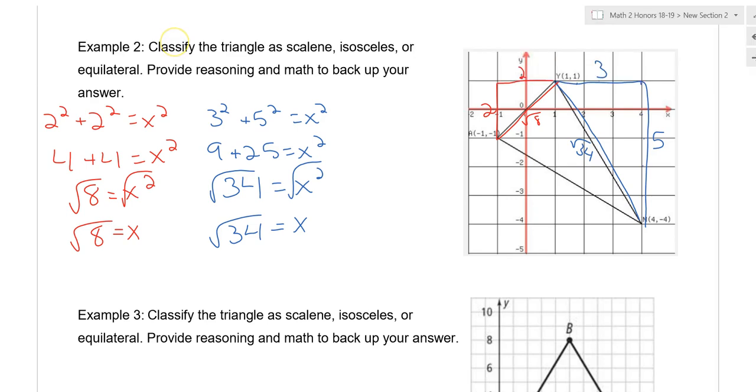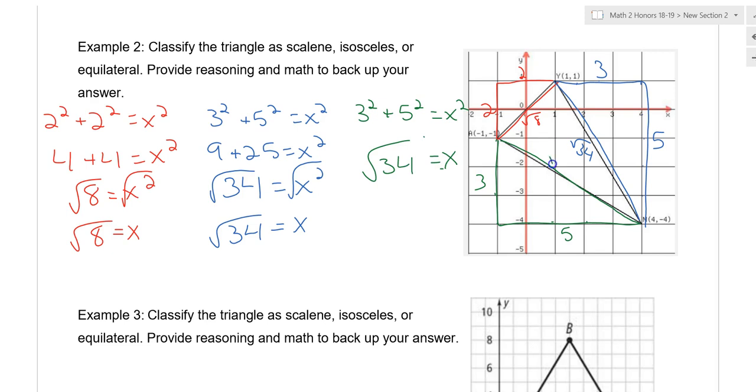Then on our last side, going from here to here, it's over 3 and down 5. I could do 3 squared plus 5 squared equals x squared, but look, this is the same, so we should just be able to jump to x is the square root of 34. I don't need to see the same work twice.